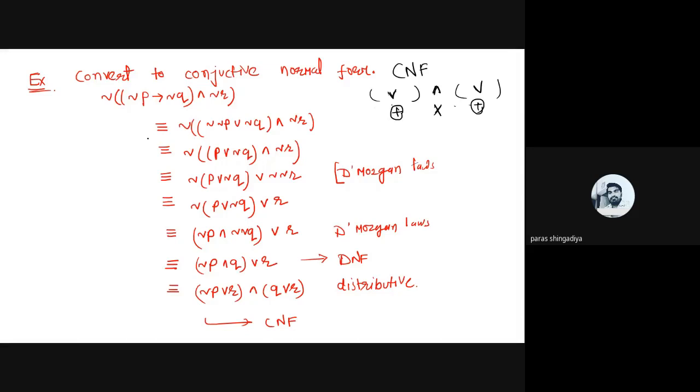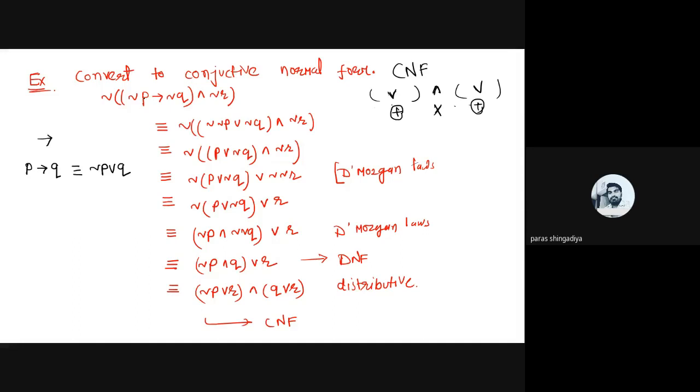So that is logically equivalent to, first we will remove this conditional operator. So what is the rule for the conditional operator? If we have P conditional Q, then it is logically equivalent to negation P or Q. The negation of the first statement is taken, then after that or, and then after that Q as it is.